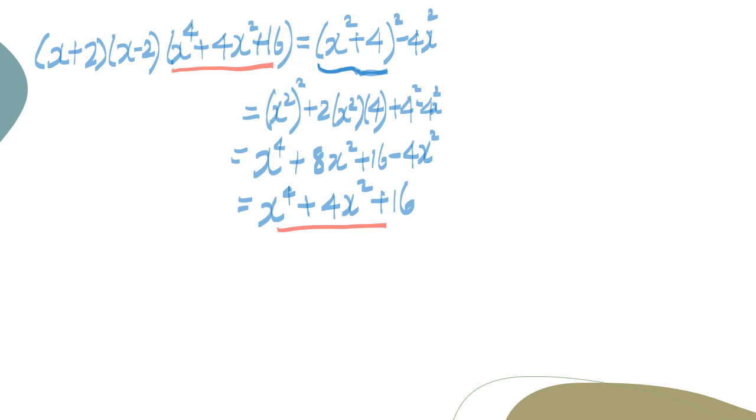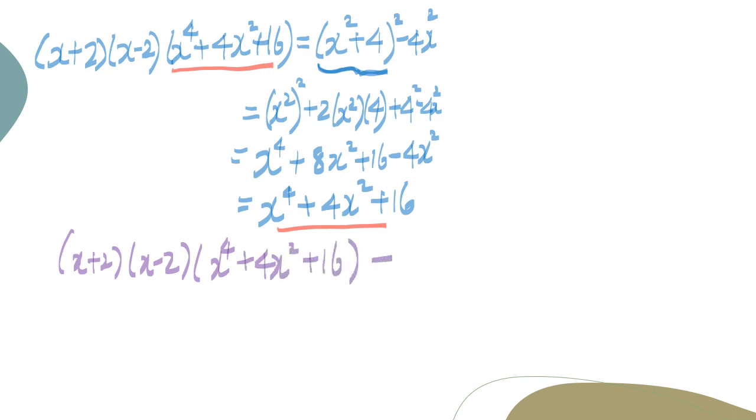Alright, let's continue from part 1. Right, so we're going to bring everything to the left hand side. So you would end up getting x plus 2, x minus 2 with x to the power of 4 plus 4x squared plus 16 minus, okay, I have to remind you to bracket this term when you bring over from the right hand side to the left hand side.